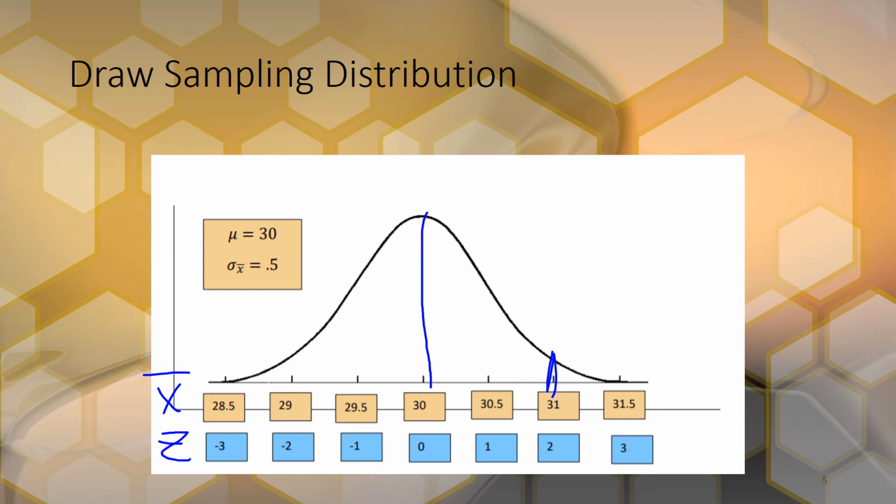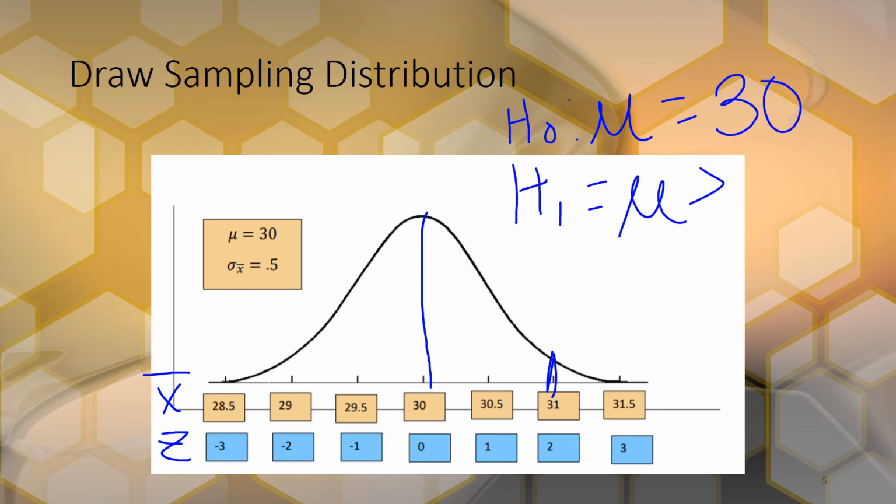So you can write it in either way. It might be easier just to put it in z's already as your scale. Then remember our null was that mu equals 30 and our alternative was that mu is greater than 30. So because it's greater than, we're going to shade to the right here.